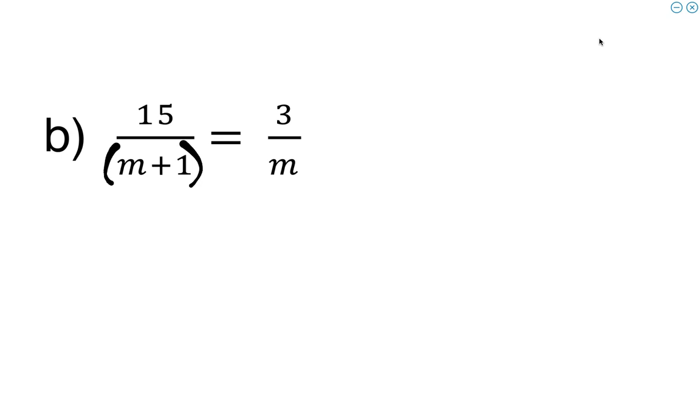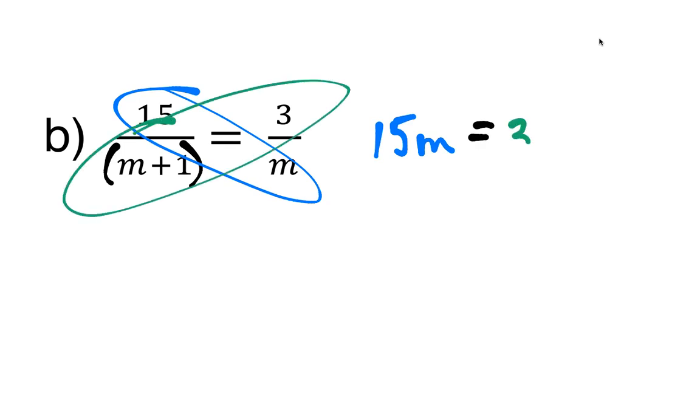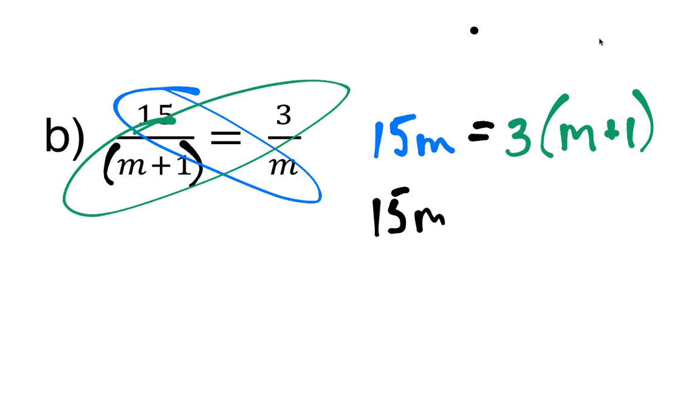Down here, I immediately put my parentheses. 15m equals 3 times m plus 1. So that's 15m equals 3m plus 3.